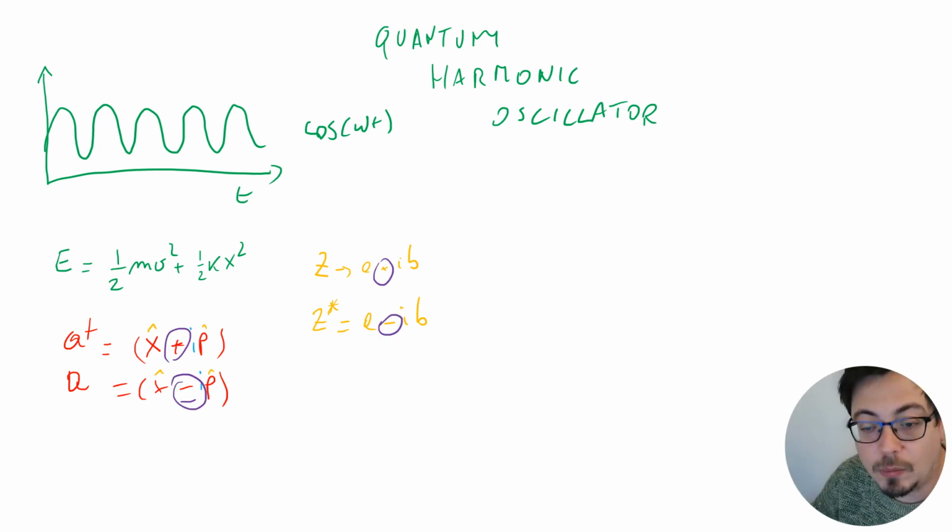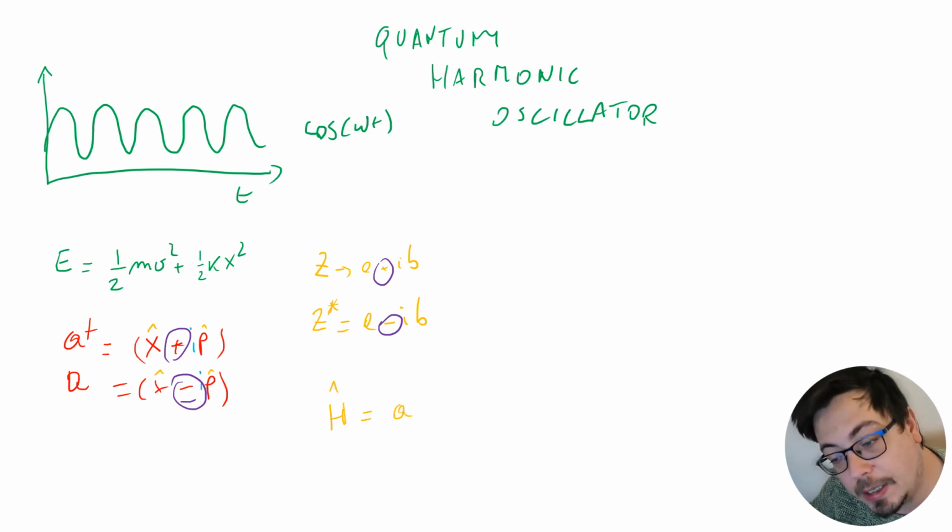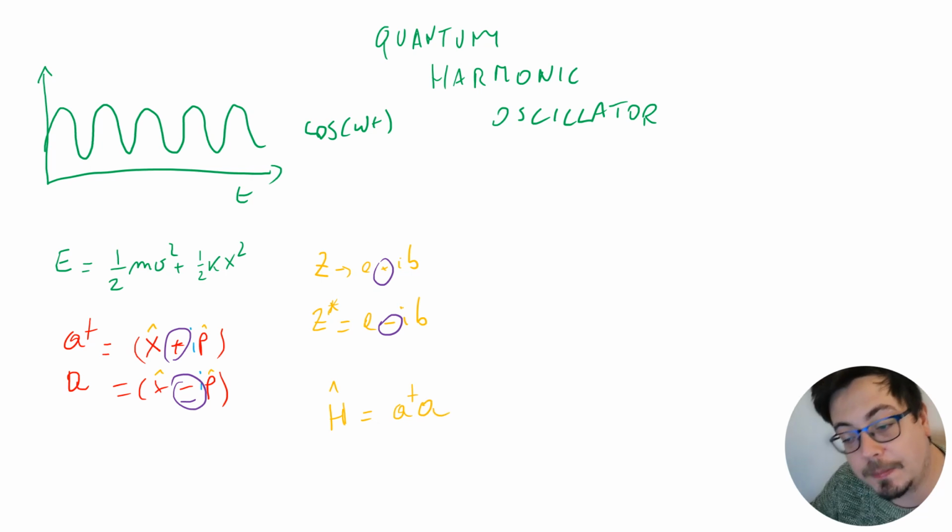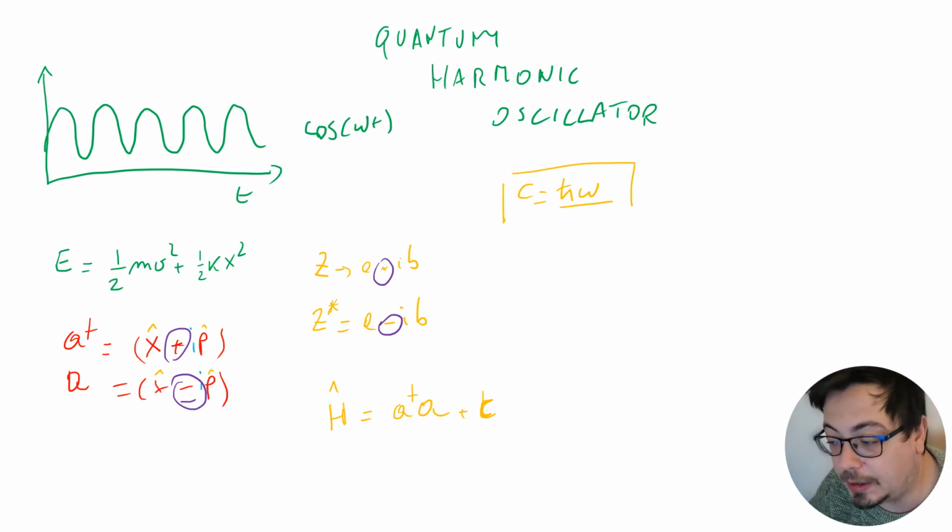So why is this important? Because last time we saw that our energy operator, the Hamiltonian, was A dagger times A plus some constant, which was an energy, C equal h bar omega. So it's the smallest energy, by the way, that you can have for one quantum of excitation of that system, okay?